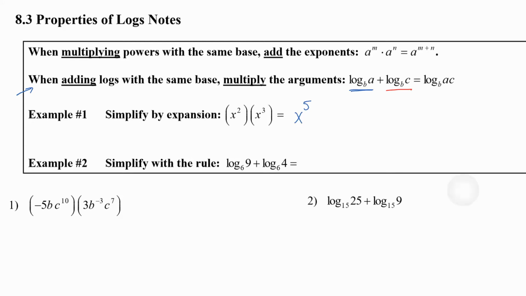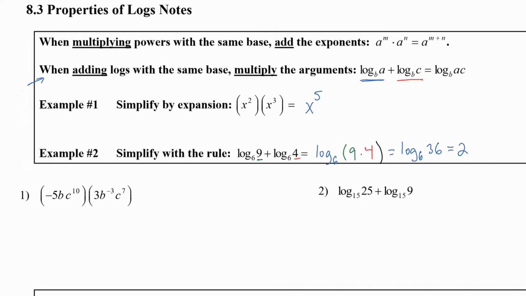So the log base 6 stays the same, and what changes is we're going to do 9, that first argument, times the second argument, 4. And from there we can just evaluate, or simplify, that log. So that is the same thing as log base 6 of 9 times 4, which is 36. And we can simplify this one even further. 6 to what power equals 36? And so the answer is 2.